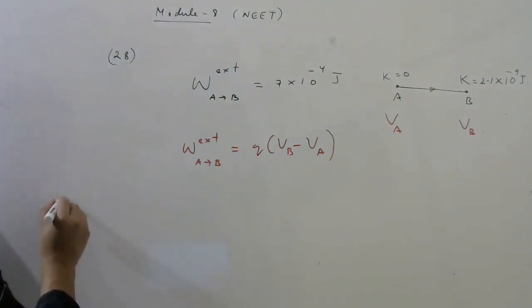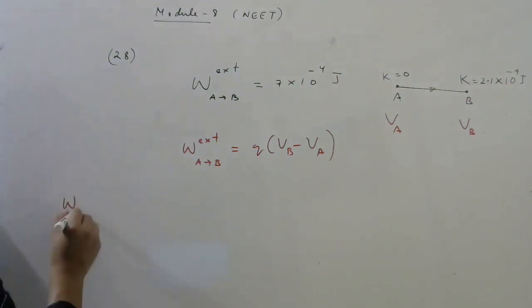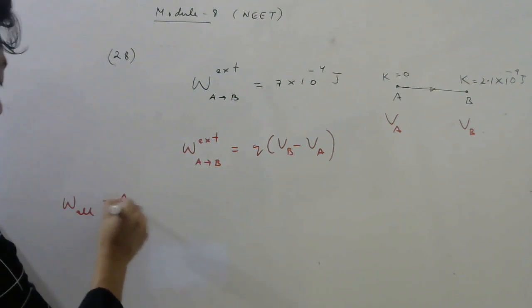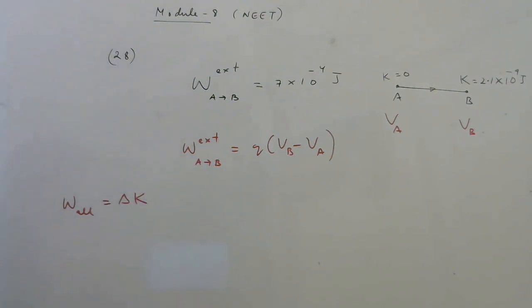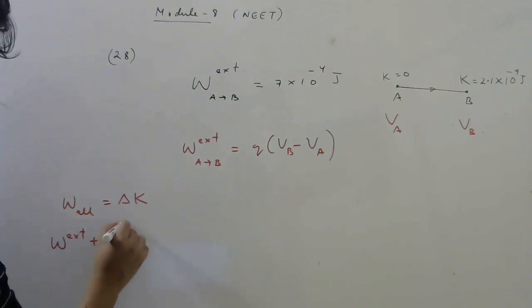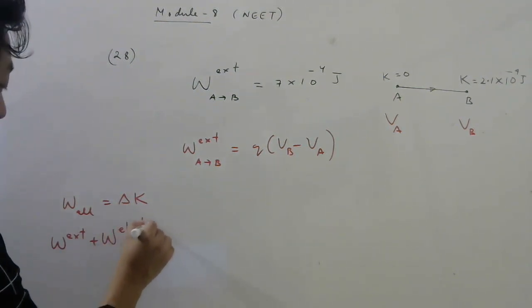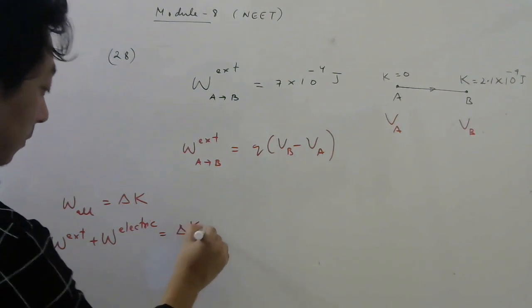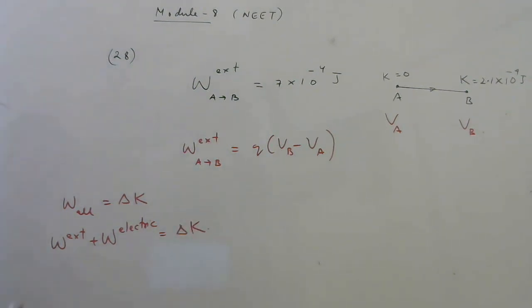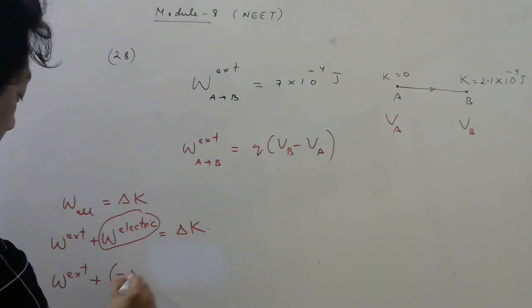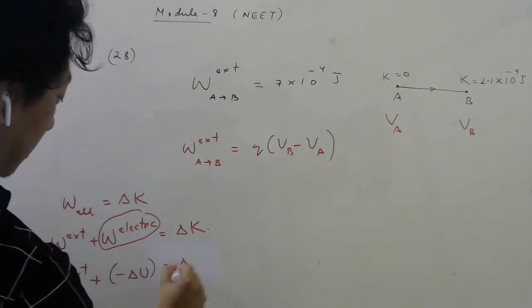So usually how do you write work energy theorem? Work done by all forces equals delta K. Correct? Okay. Now which are the forces here? External force plus electrostatic force. Electric force also will be there. Now electric force is a conservative force, right? So for conservative force, as I told, you can write work done as minus of change in potential energy.